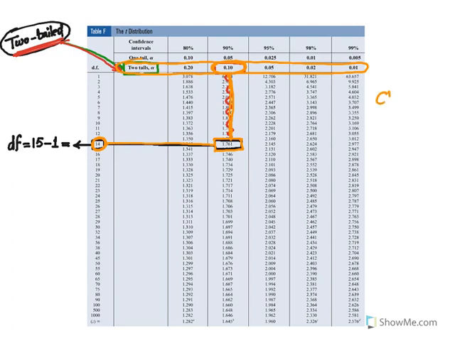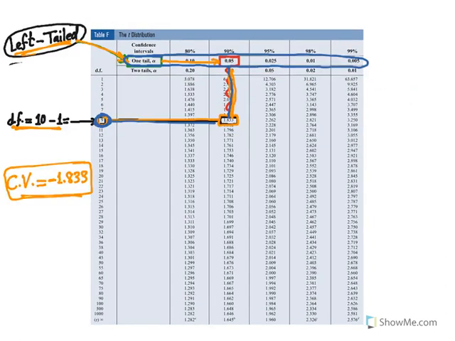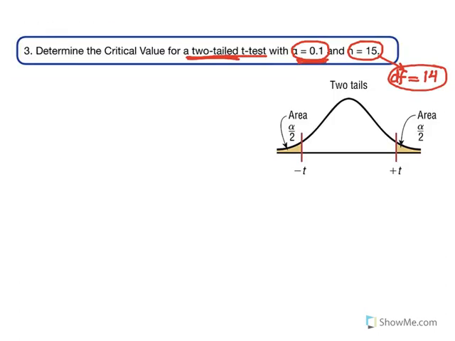In this case, you'll say that my first critical value is the negative of the one that we have here, 1.761, and the second critical value is 1.761. So let's go back and put these numbers. I can say that the critical value 1 is negative 1.761.